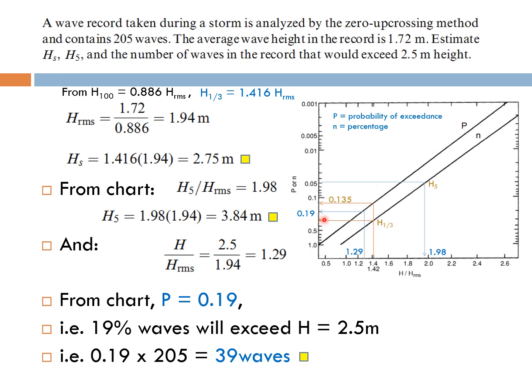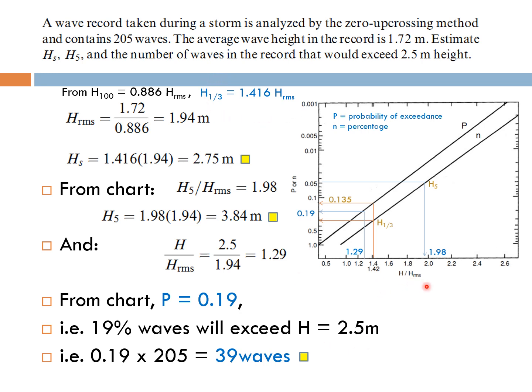So for n equals 0.33, if we go to the curve n and read down, you notice that we have about 1.42. So H over H RMS is 1.42, which basically is this relationship.